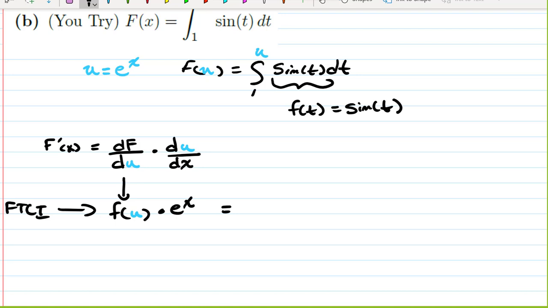So then little f evaluated at u is the sine of u times e to the x, which is e to the x times the sine of e to the x. And that will be our derivative. So e to the x times sine e to the x.